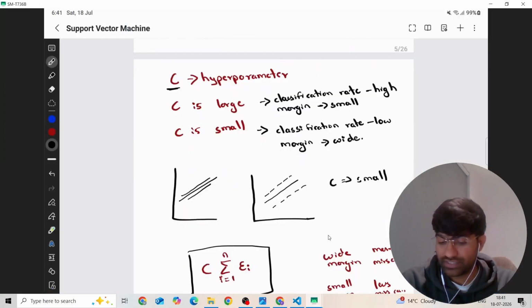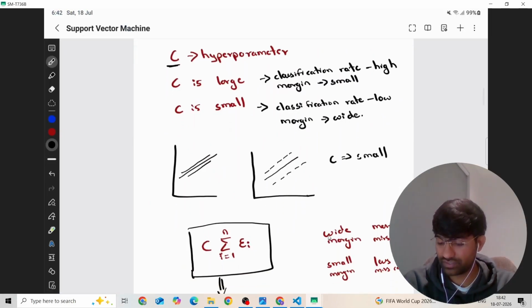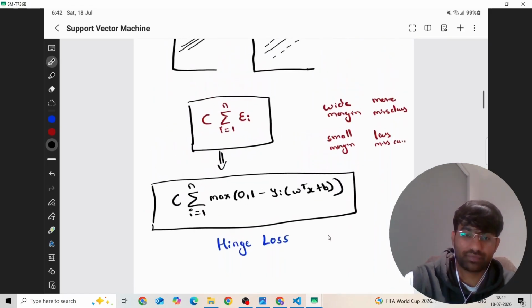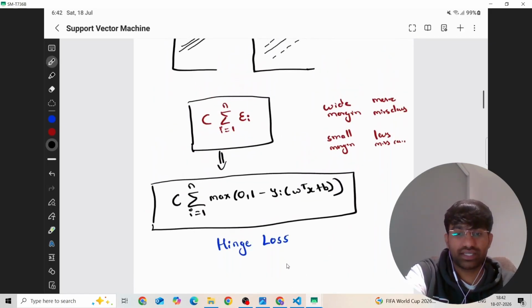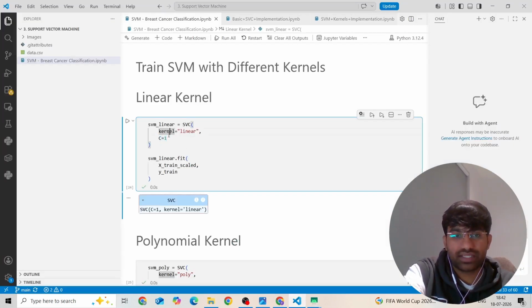See, C is a hyperparameter. If it is large, it affects the classification rate and margin, I have explained this concept to you. This is hinge loss. So C is a hyperparameter you have to select. I am selecting 1 here.